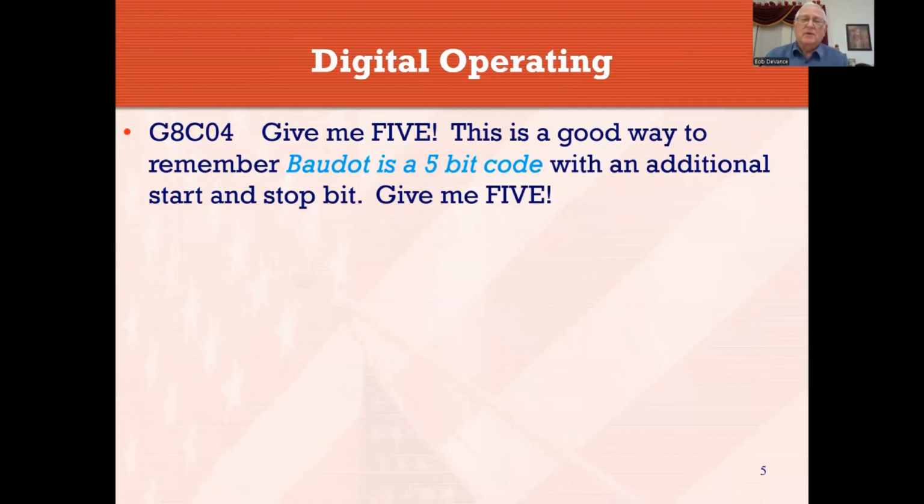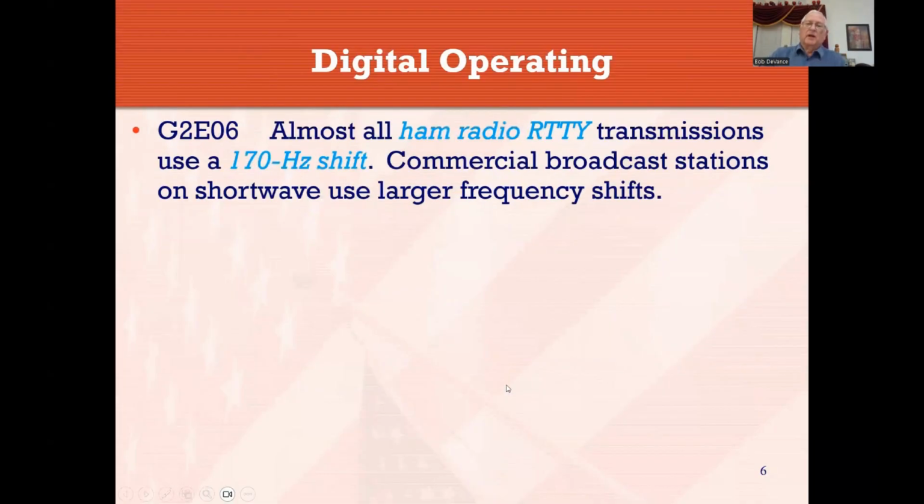So when you got something that came in on teletype through the radio and it was in all caps, nobody was yelling at you. That was just the convention. And if you wanted to mix it up, you could change character sets. There was a code you could send to change character sets, and then you could do numbers and punctuation and some lowercase stuff with that. But generally speaking, the key to that particular question they're going to ask is that Baudot is a 5-bit code with a start bit and a stop bit. And we'll see that one come into play a little bit later on.